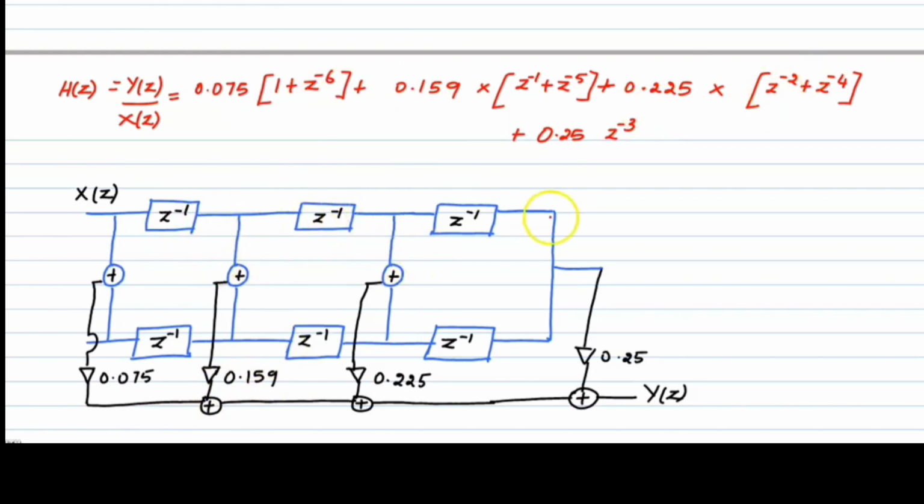Okay. So next, you have to get 0.25 into z power minus 3. So I have connected like this. So if you add this, you will get the value of Y of z. So this is how you have to realize the linear phase FIR filter design.